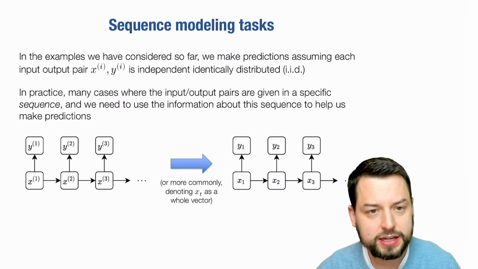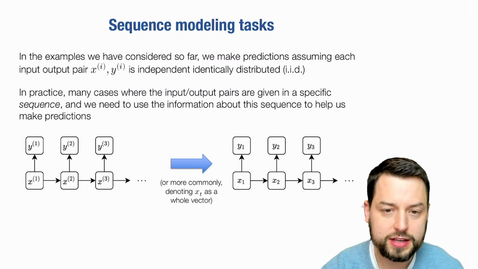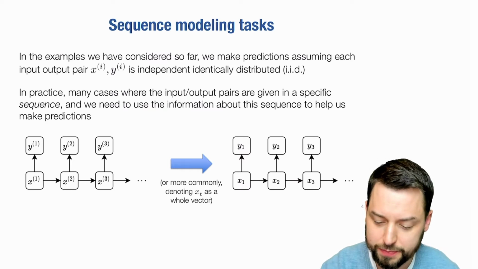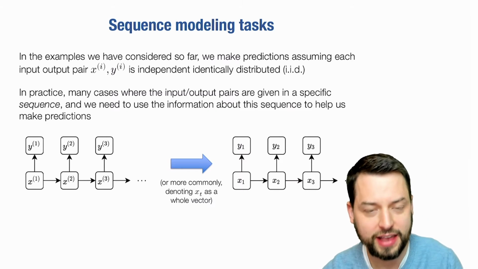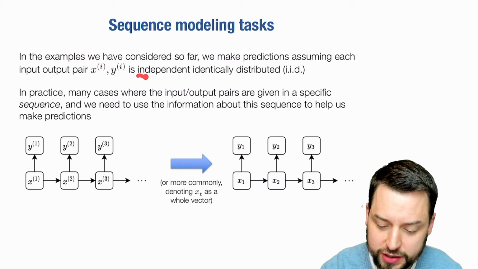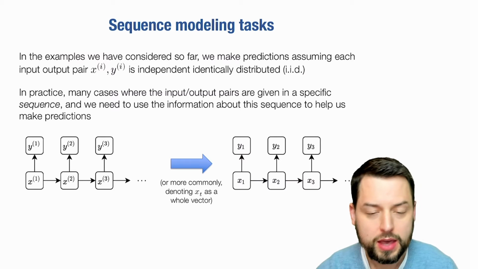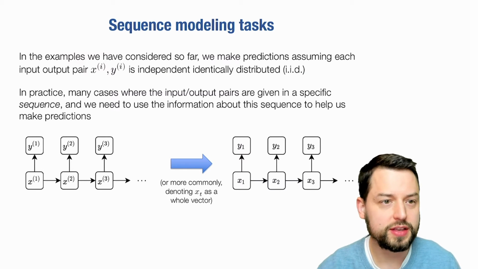And the implicit assumption of most of our lectures thus far is that these input-output pairs, the collection that we're given, so our whole data set, namely x1 to xm, etc., is what's called independent and identically distributed, or IID. And what that means in some sense is there's no inherent ordering to these points.